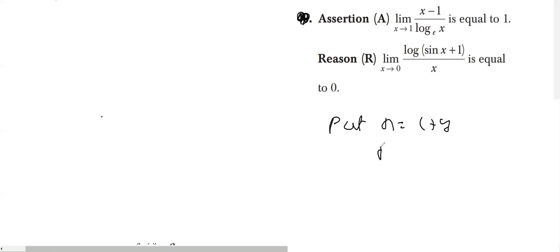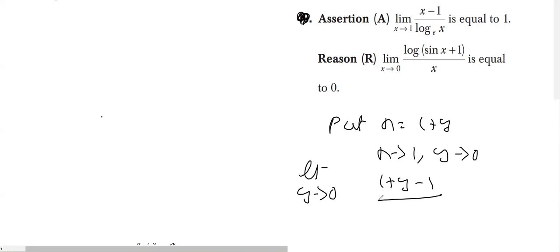So it means as x tends to 1, y tends to 0. So we can write this as limit y tends to 0. And this is what we'll get here, replacing x with 1 plus y. So it's 1 plus y minus 1, that is y, over log 1 plus y. So this gets cancelled.